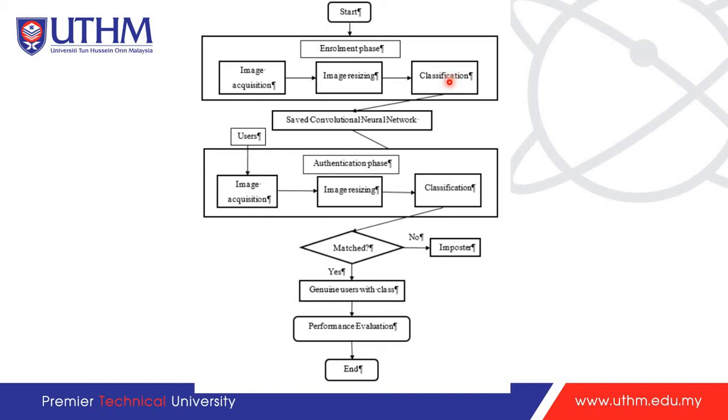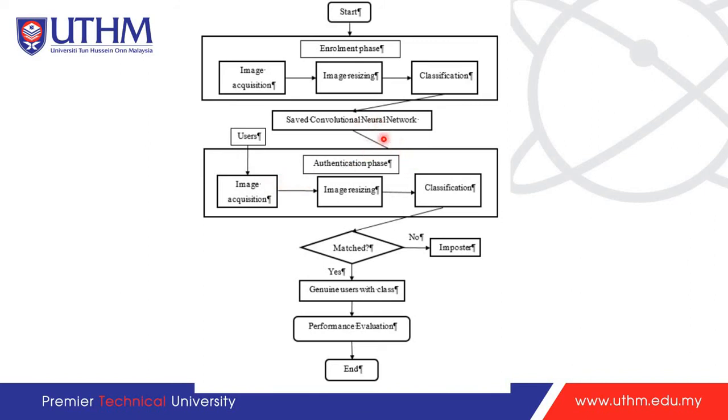And then at the end of the classification stage in the enrollment phase, the CNN model, or the AlexNet model, was saved to be used for prediction in the authentication phase, where a user wants to enroll in the authentication system.